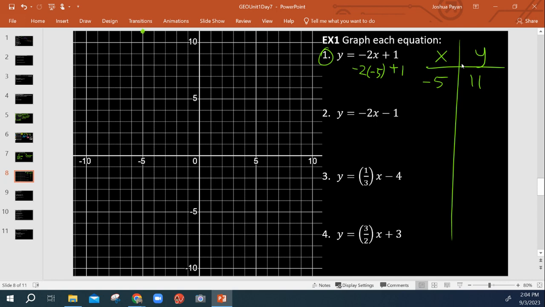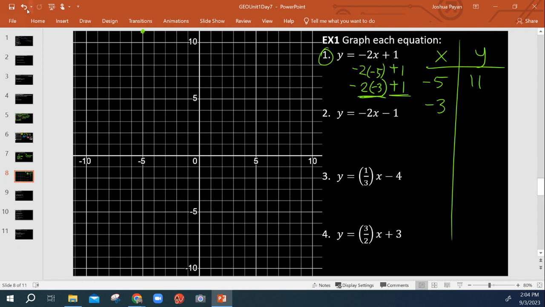So that's one point. Then I'm going to just keep going, skipping around a little bit. I'm going to go by twos. So now let's try negative 3. When x is negative 3, I literally substitute in for x with a negative 3 and multiply it out. Negative 2 times negative 3 is positive 6.